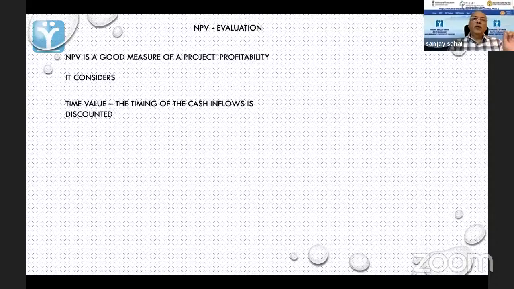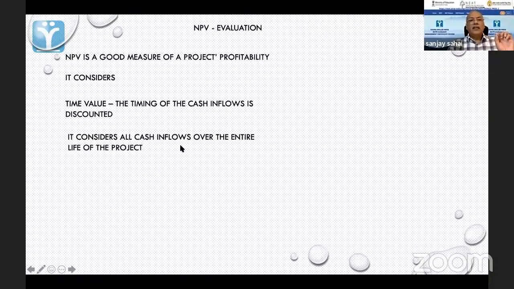Remember, when we talked about the fundamental principles, one of the things we spoke about was the discounting principle. This is where you're using it. It also considers all cash inflows over the entire life of the project.